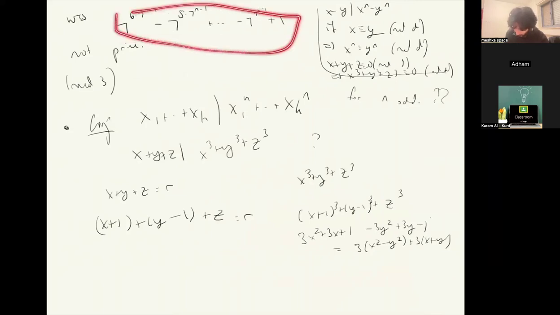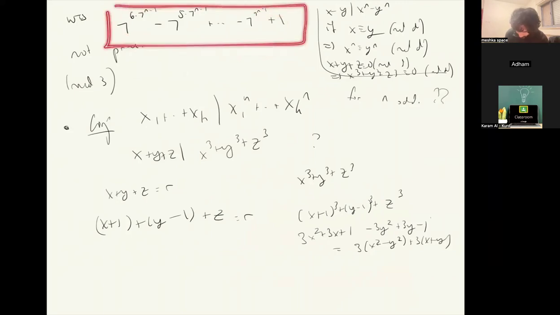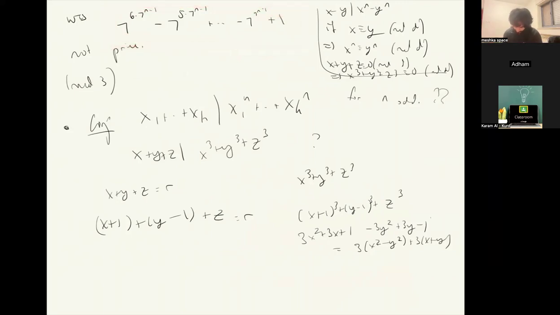Yeah. So what we need is an argument to show that this factors. And actually what you do is something very clever. It's kind of like what you do with Sophie Germain. You have something that you don't know how to factor, but maybe we can make it work. So what's the idea? What do we have? We have x is 7 to the 7 to the n minus 1.